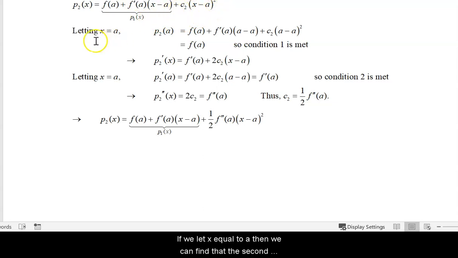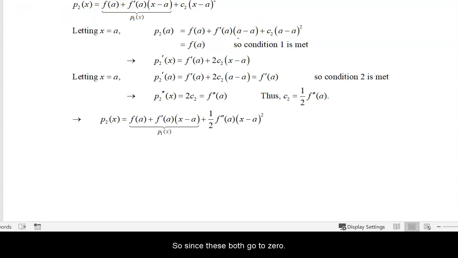If we let x equal a, then we can find that the second polynomial approximation at a becomes f of a plus f prime of a, same as here. Now substitute a for x: a minus a, plus C2 times a minus a. Well, a minus a, of course, goes to 0.